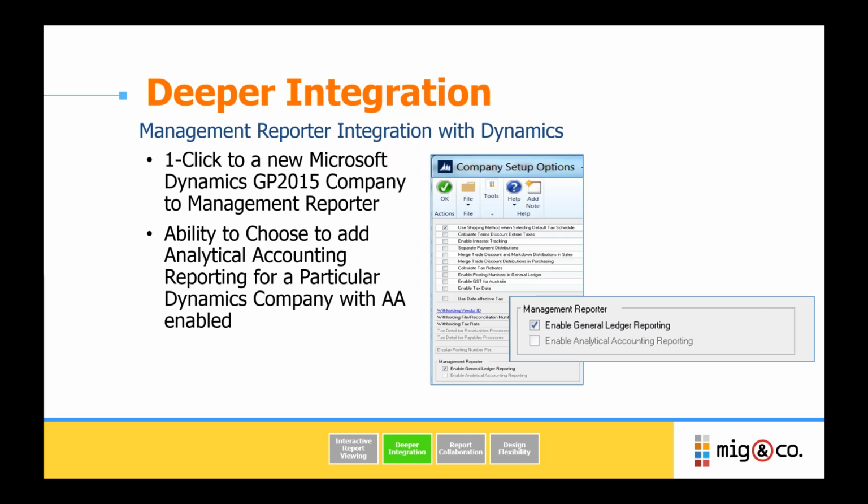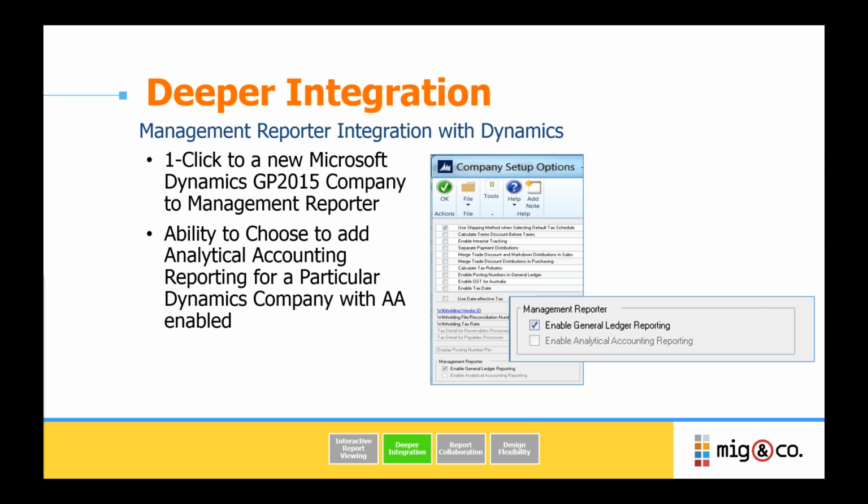With FRX, when you added a company in Dynamics GP, you had to go through a cumbersome process to add that into FRX. You had to create the company and assign some settings, and then you would finally be able to actually create a report. Now, once you upgrade to Dynamics GP 2015, this particular feature I'm going to discuss will become enabled.